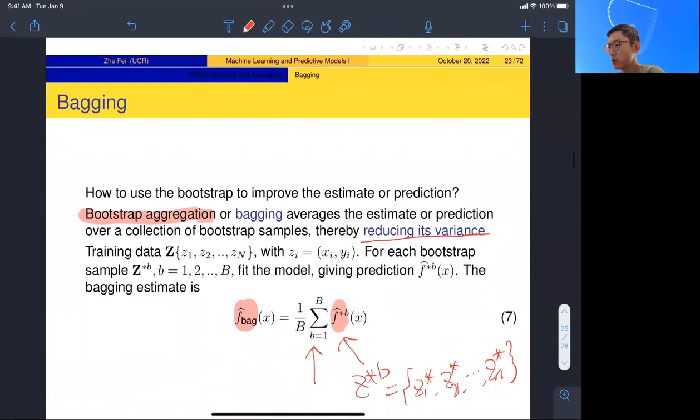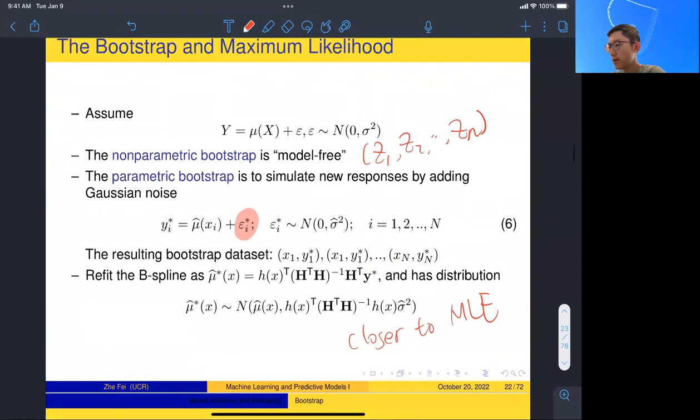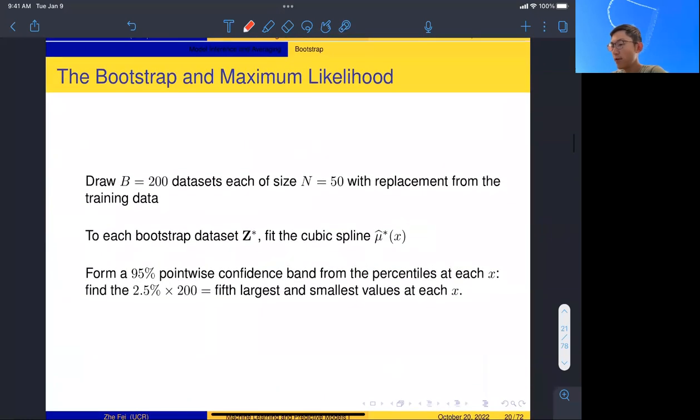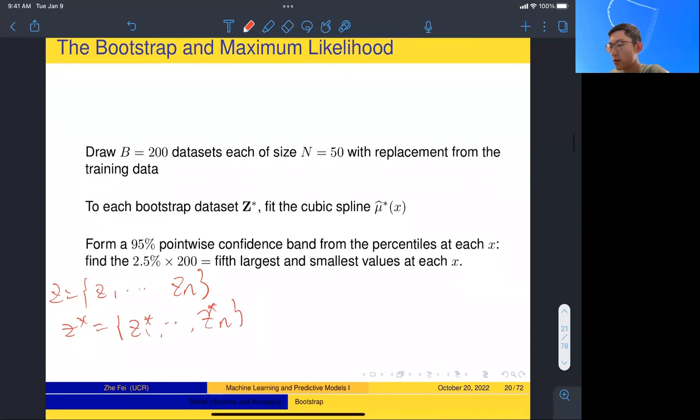Traditionally, for each of the bootstrap samples, first of all, let's clarify: originally you have Z, that is Z1 through Zn, so n is your sample size. Then for each bootstrap sample, typically we would sample the same size. So we see that for Z star, it's also sample size n.